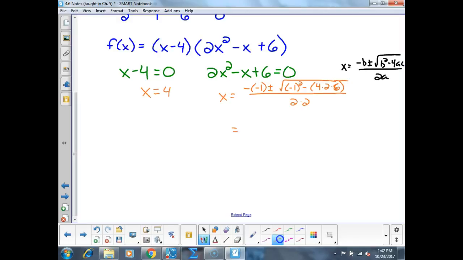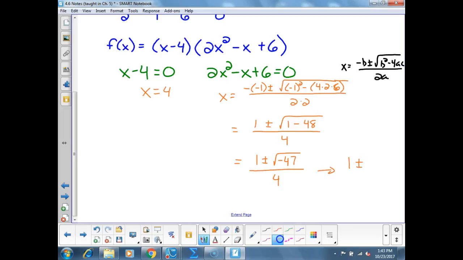That is negative of negative 1 is positive 1 plus or minus the square root of 1 minus 48 all over 4, which is 1 plus or minus the square root of negative 47 all over 4, which is 1 plus or minus i times the square root of 47 all over 4.